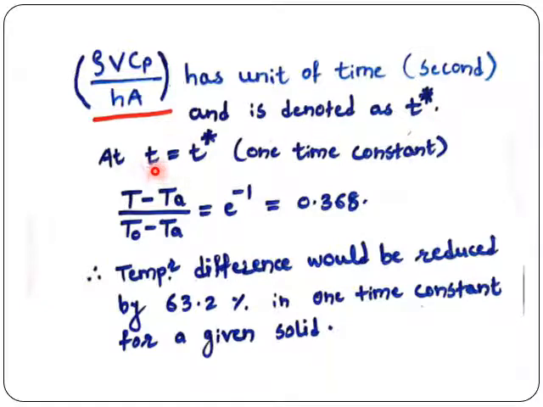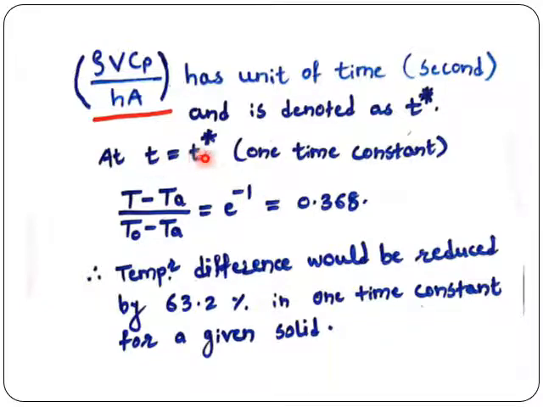If I use t equal to t star, it is called one time constant. We have the expression (T minus Ta) divided by (T0 minus Ta) equal to e raised to minus hAt by rho V Cp, which becomes t by t prime.